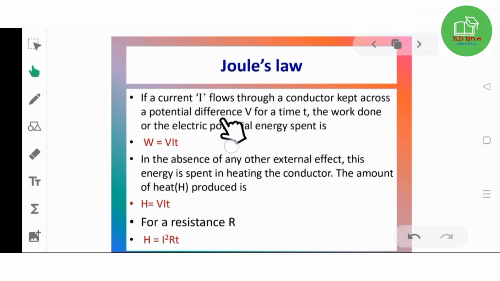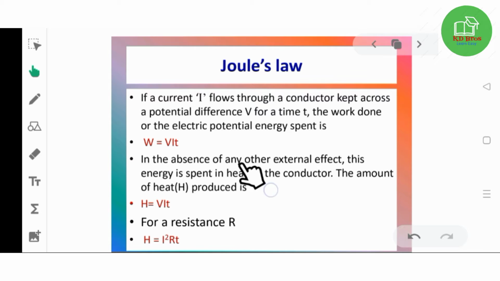Now the work done, or the electric potential energy spent, is W, which is equal to VIt, because when the charges travel from one end to another, work is done.